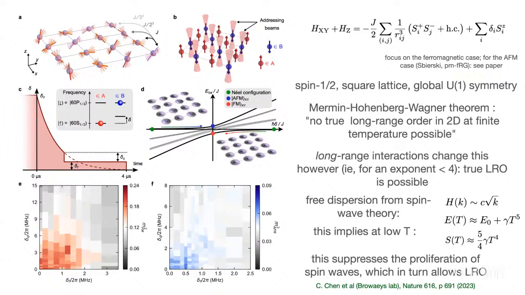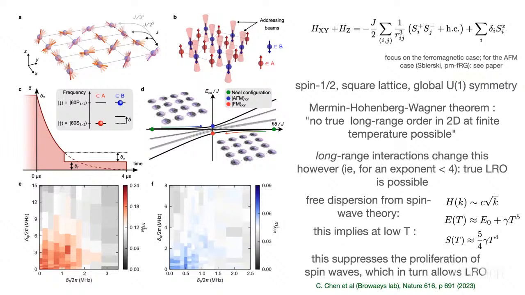And then there is another term, which is a staggered magnetic field, delta_i S^z. In the experiment, they prepared the up and down spins alternating in checkerboard fashion on the square lattice, by a large delta. And then they ramp down this delta as a function of time to 0. They hope that this is more or less adiabatic and will pull into the ground state of, say, this ferromagnet.